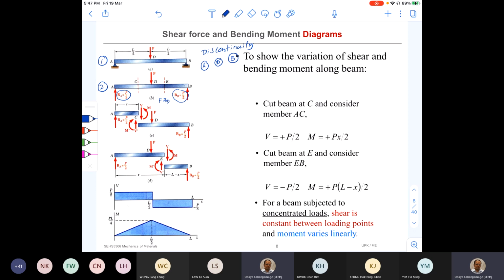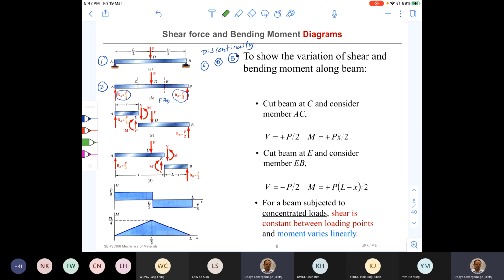To find the shear force function and bending moment function from A to D, we need to open up the beam between A and D and find the function for the internal shear force and the bending moment. So for that, I'm going to cut this beam at C and draw the free body diagram for the cut portions.